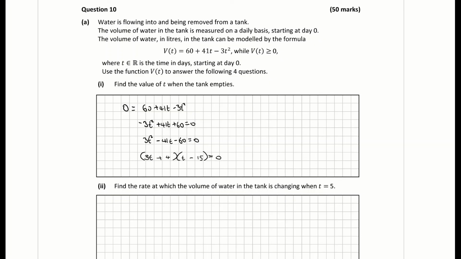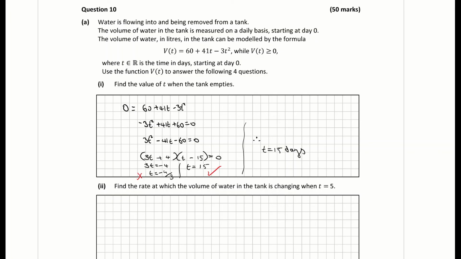So there are your factors. And I need to find the roots, so therefore 3t is equal to negative 4, t is equal to negative 4 divided by 3, and I also have t is equal to positive 15. Now I'm going to ignore the first one because I can't have a negative time. So my answer is t is equal to 15 days.